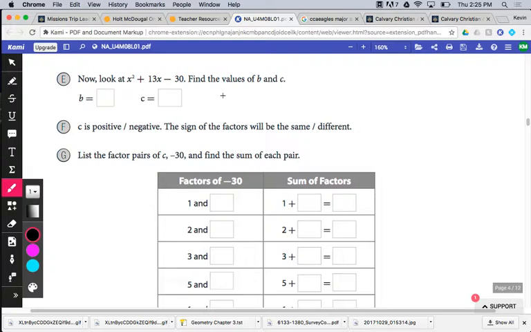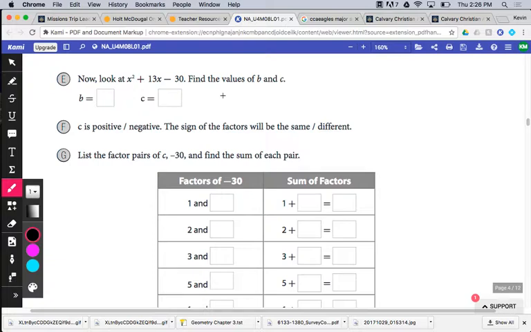Yes? Oh, found it. Yeah, top of page 310. No, just factor it.